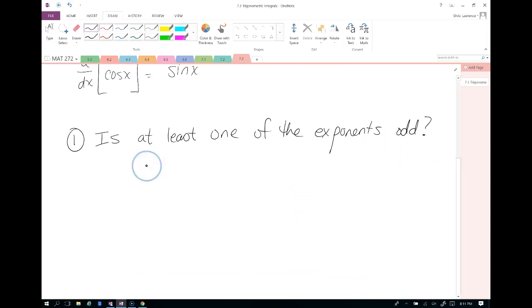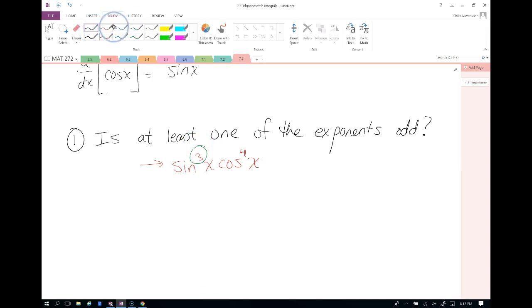So what I mean by this, some expressions that have an odd power, if we were asked to integrate sine cubed x times cosine to the 4th x. So one of the powers here is odd. Sine has an odd power.